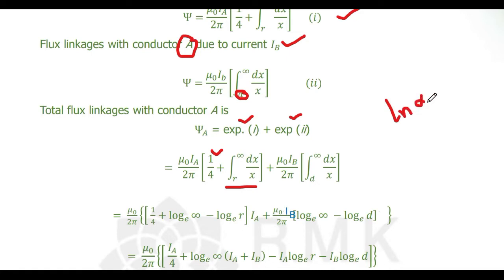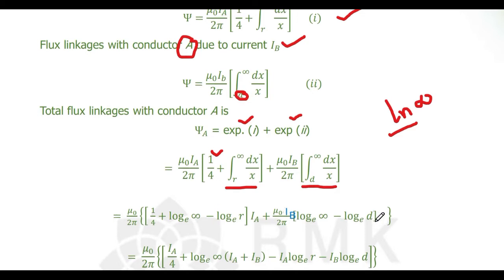Instead of log base e we can write ln. So ln infinity is the upper limit, minus the lower limit ln r. Hereafter I will call it ln instead of log base e. Then for this term, mu naught IB by 2 pi, substituting the upper and lower limits, ln infinity minus ln d.